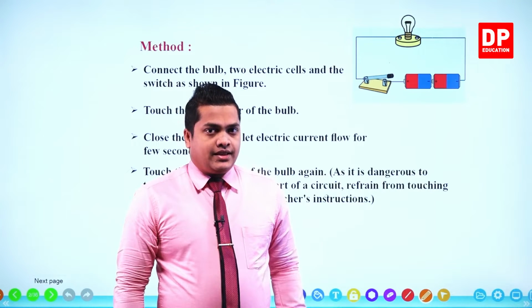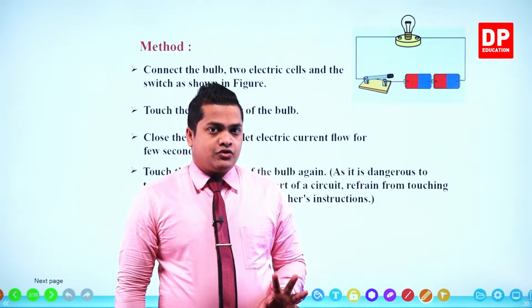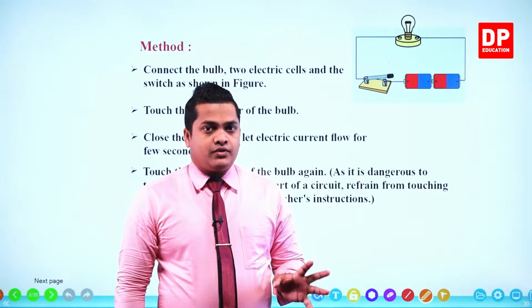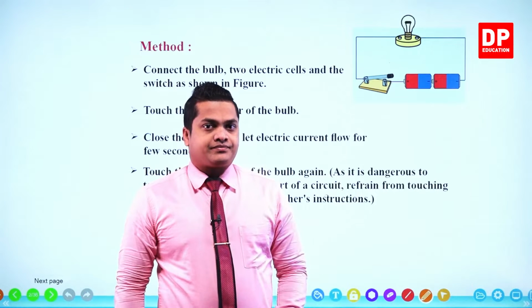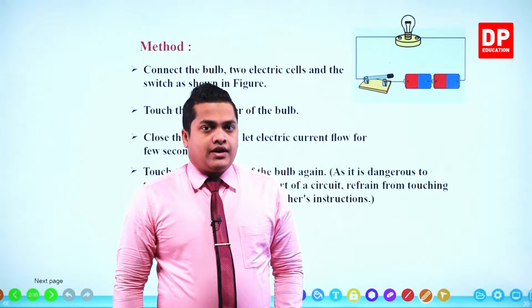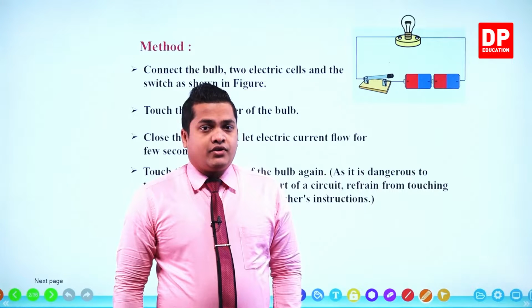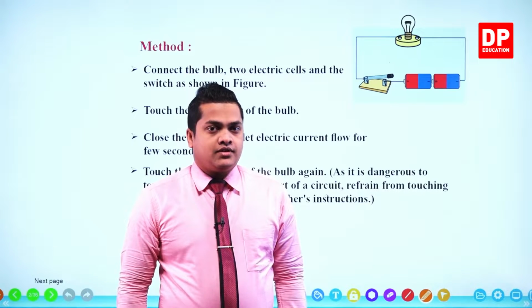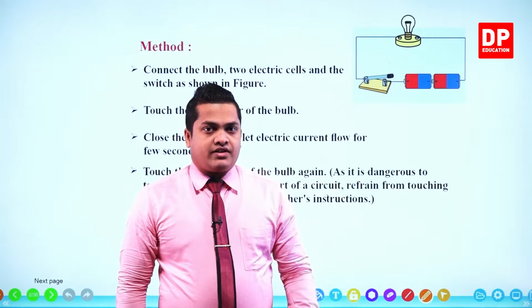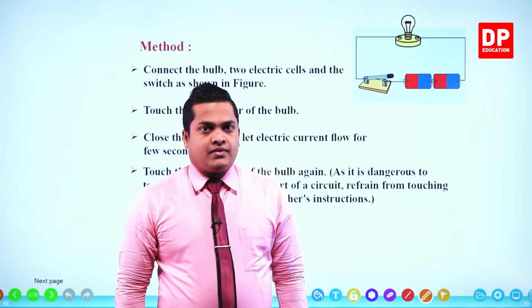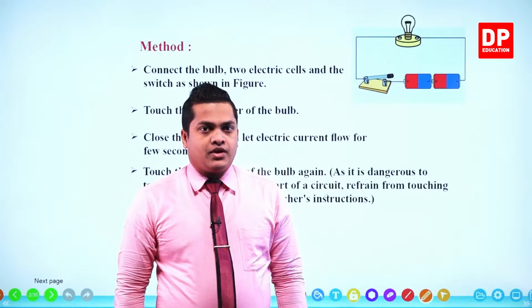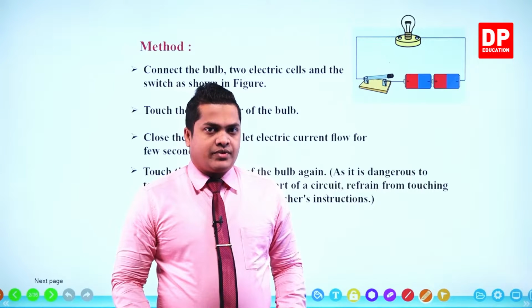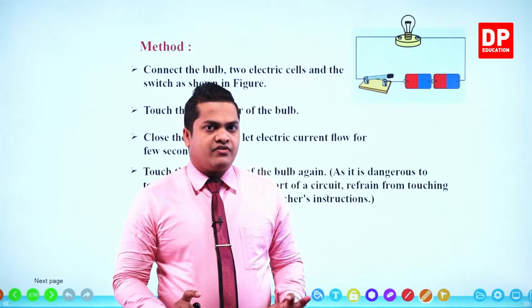When you are touching these things, you should get the assistance of your teacher or an elder. I recommend that you don't touch it with your bare hands. Use a covering like gloves, and in that way you can also feel the warmth. Or you can take another precaution: reduce the number of cells.